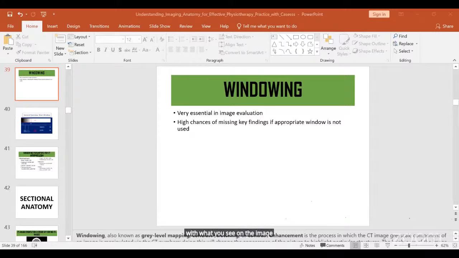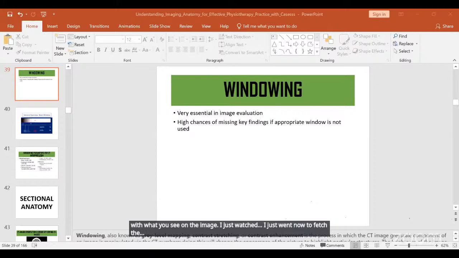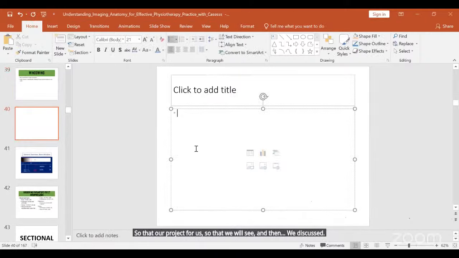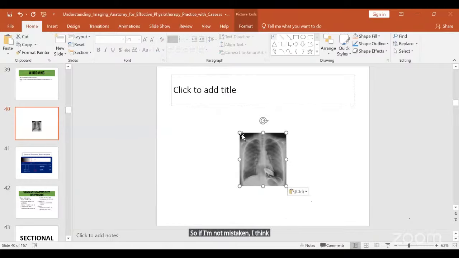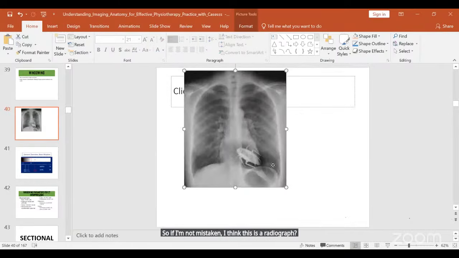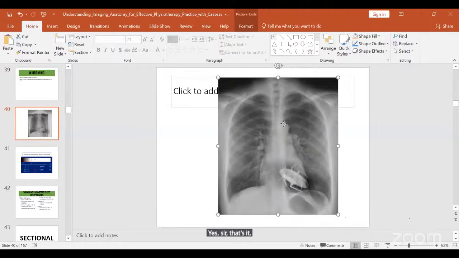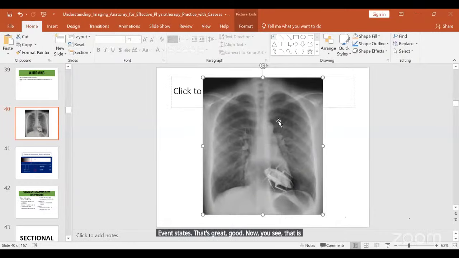I just went to fetch the image of the cockroach so that I will project it for us to see and then we'll discuss. So if I'm not mistaken, I think this is a radiograph, isn't it? Yes, sir. That's good. Now you see, that is why we are scientists.